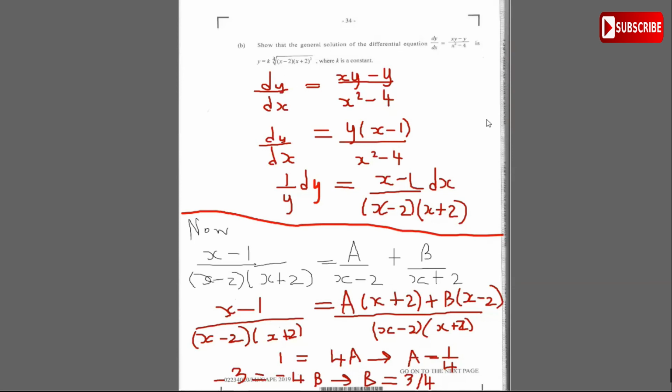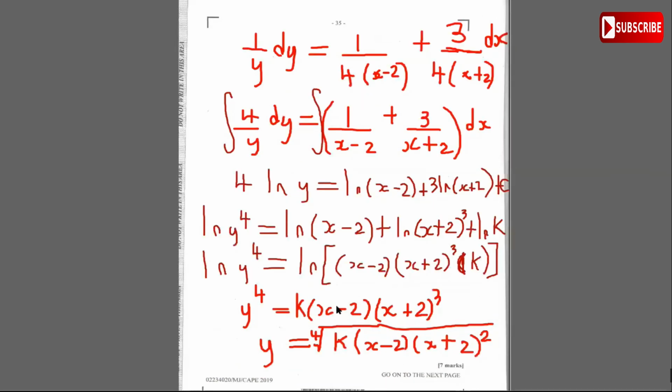The k is on the outside right here. So what you can do is use surds and break up this as the fourth root of k times the fourth root of this. Since that's how they want their answer, we can break this up as the fourth root of this, times the fourth root of our k.